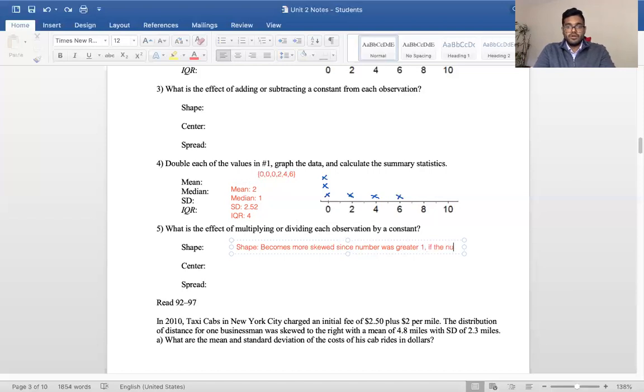If the number was less than 1, the graph will get skinnier. If you think about it, if I multiply everything by a half, instead of a 2, 4, and a 6, you're going to get a 0.5, a 1, and a 1.5. So everything's going to shrink together. Get skinnier.